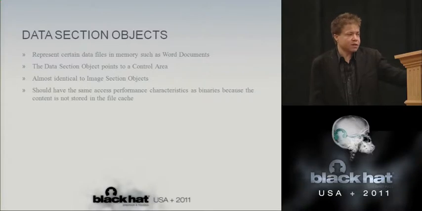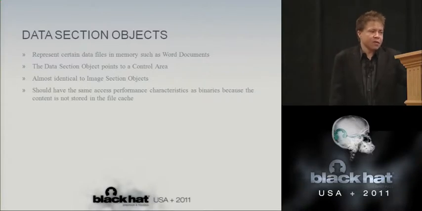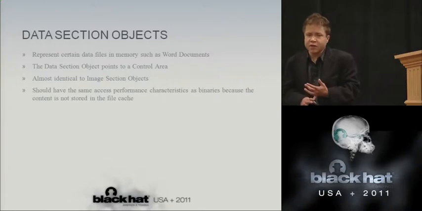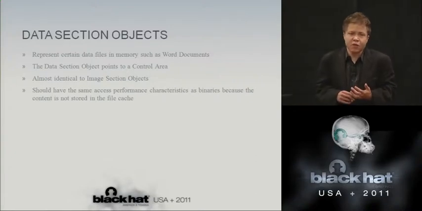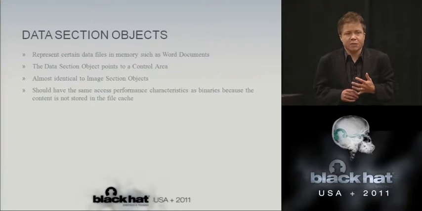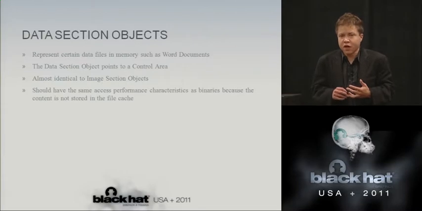So all I can say at this time, at least, the performance of Word documents in memory should be equally as speedy as the performance of accessing data in EXEs and DLLs on the Microsoft operating system, because they have the same structures.